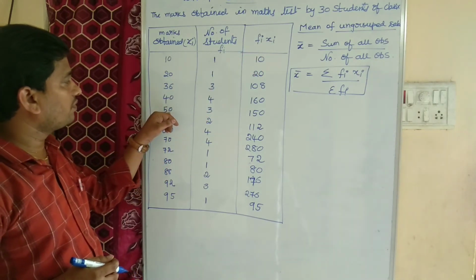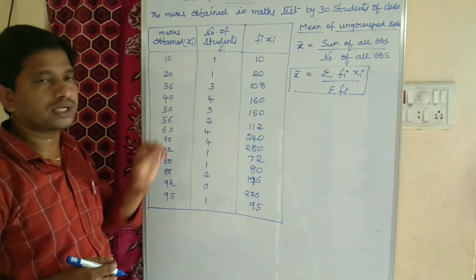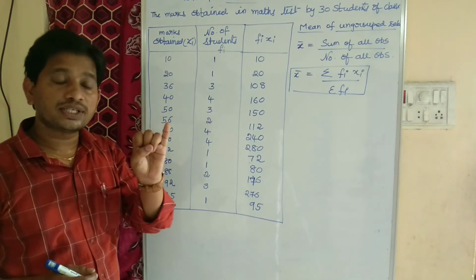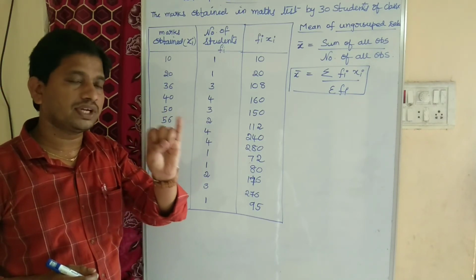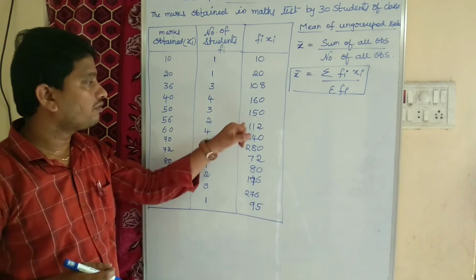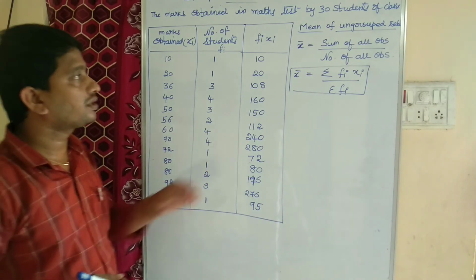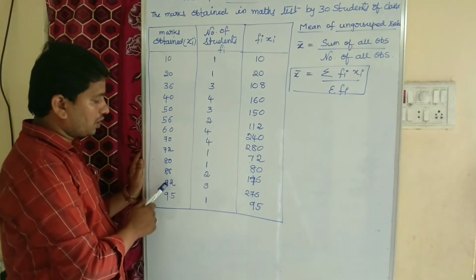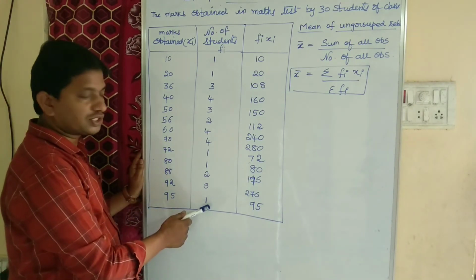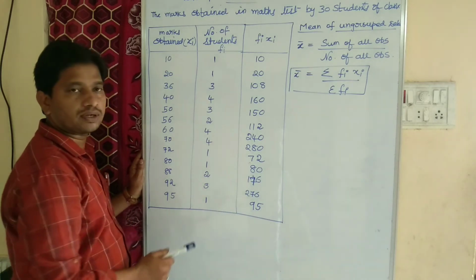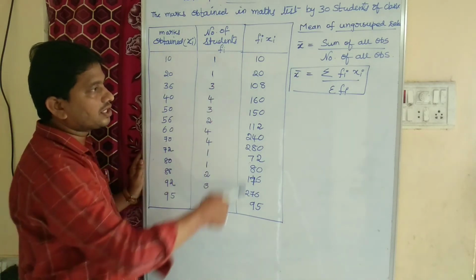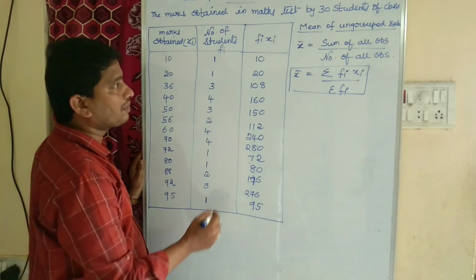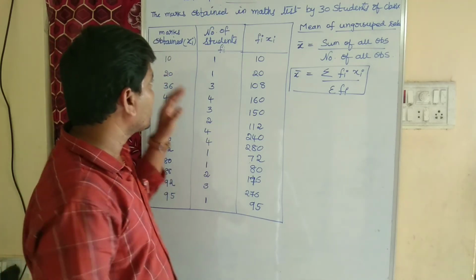For example, 50 marks obtained by 3 students: 50, 50, 50, 3 times 50 is 150. That is the sum of all observations. For 95 marks, only one student got, so 95. We have to add all these: sigma fi xi by sigma fi.